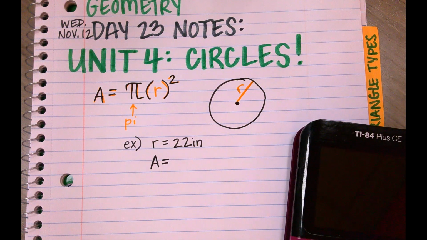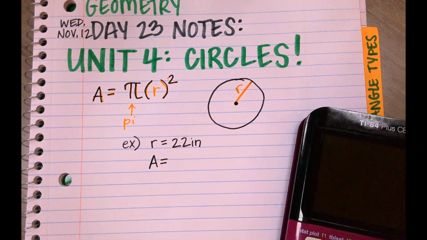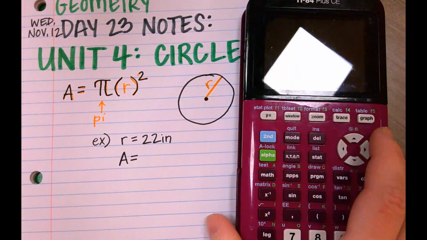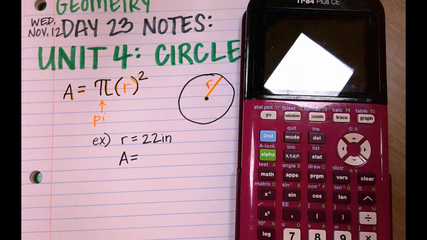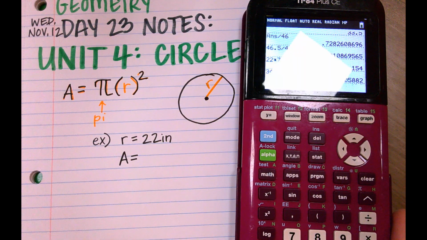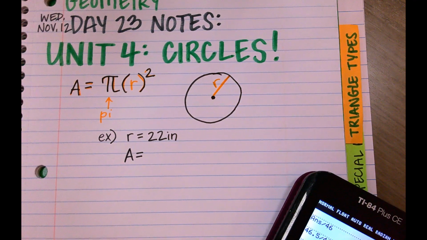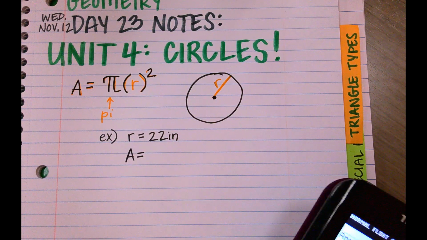So I'm saying that I have a circle with a radius of 22 inches and I want to find the area. So get our calculators out. And if anybody needs to get a calculator, I'll wait a minute and let everybody get their calculators out. So let me pause the video. If you don't have a calculator, please get one now.